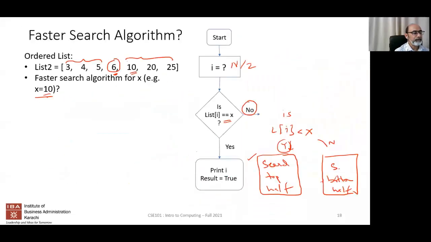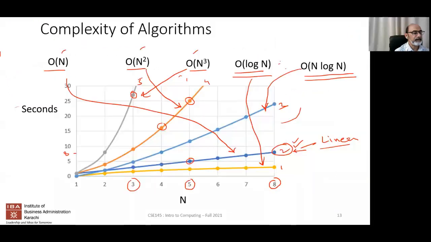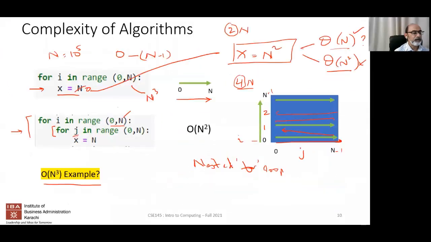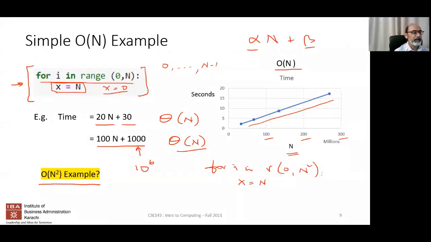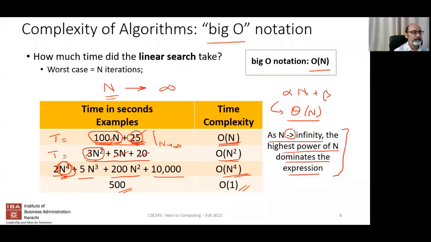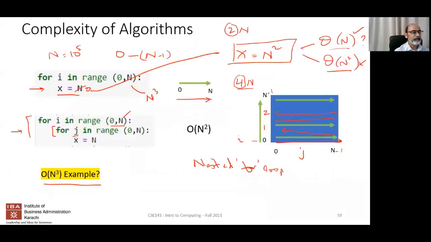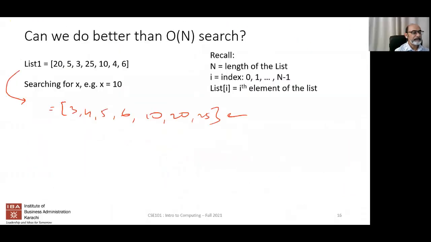Okay, so remember my initial discussion about how we determine whether something is of what order. We take the highest power of n. Anything that's a constant, we drop. So the highest power of n over here is log of n.